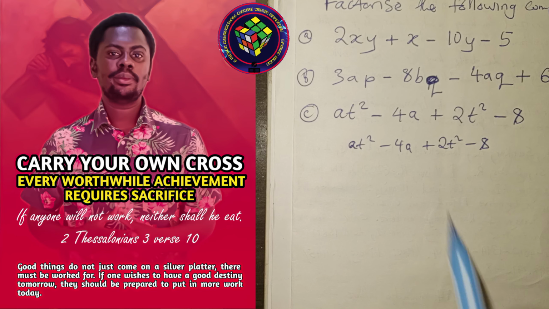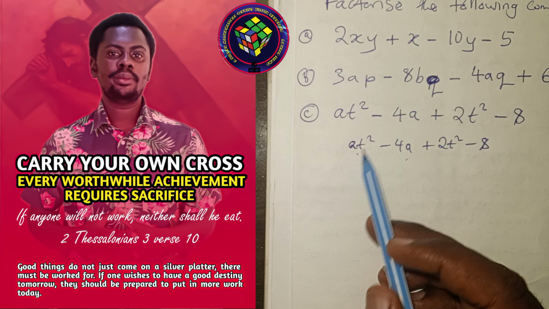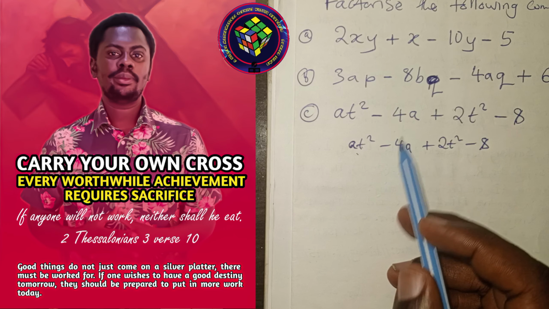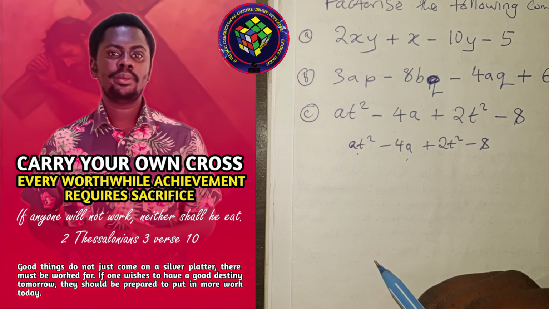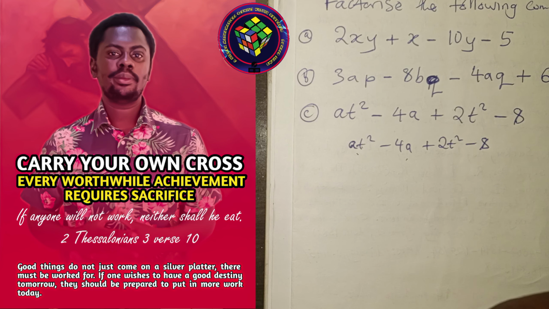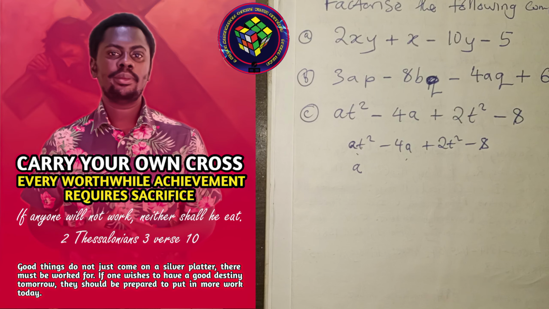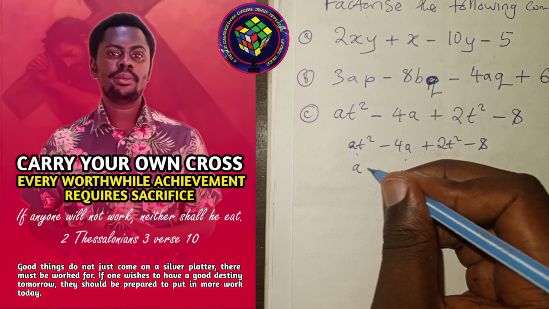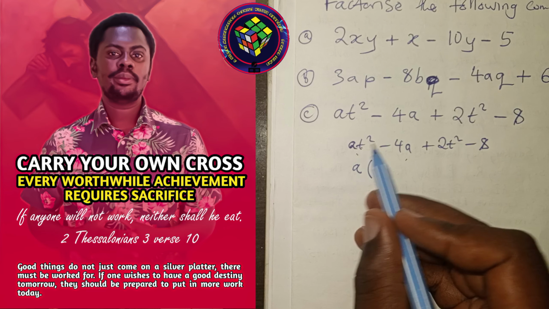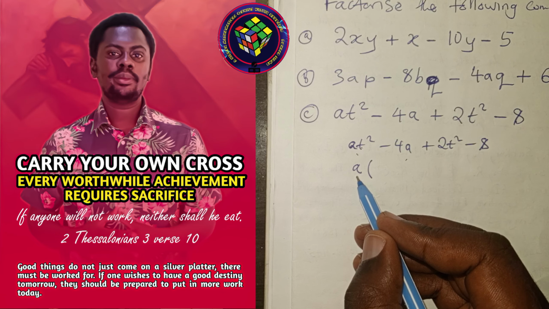Okay, so in these 2, we can see that there is at squared here and there is 4a. What is common there? Yes, a is common. So you divide out a. So you are going to have a, then open bracket, we'll say at squared divided by a.